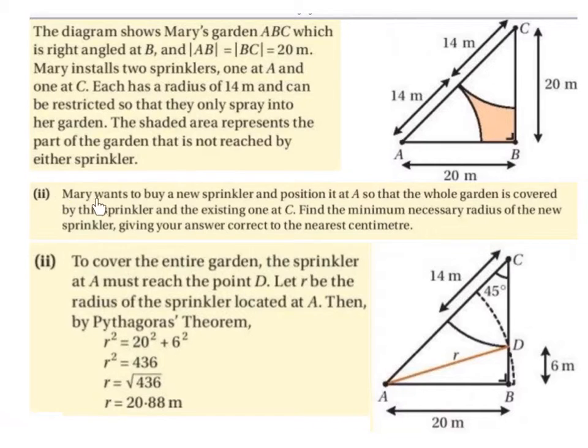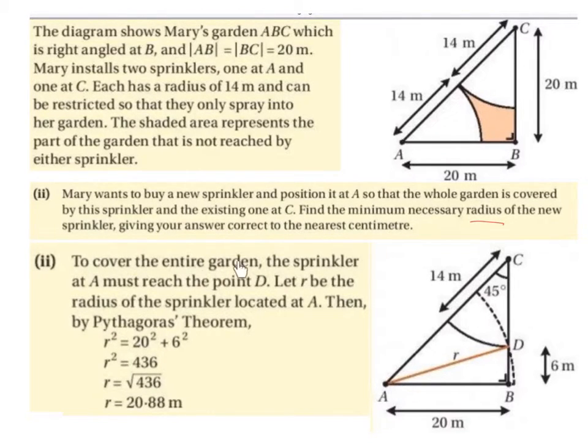So part 2, Mary wants to buy a new sprinkler and position it at A, so that the whole garden is covered by this sprinkler and the existing one at C. Find the minimum necessary radius of the new sprinkler, giving your answer correct to the nearest centimetre.